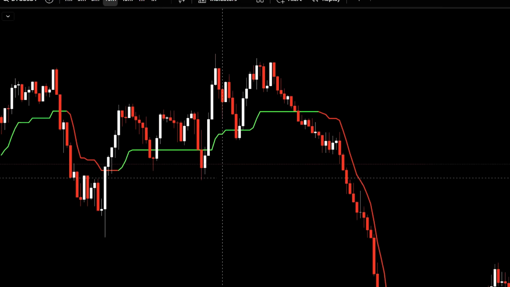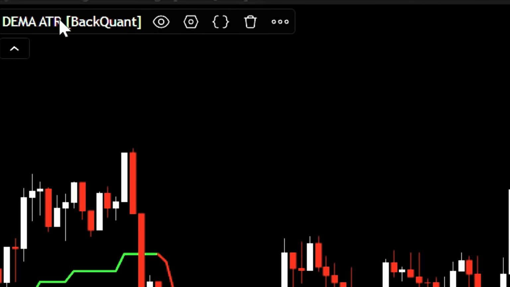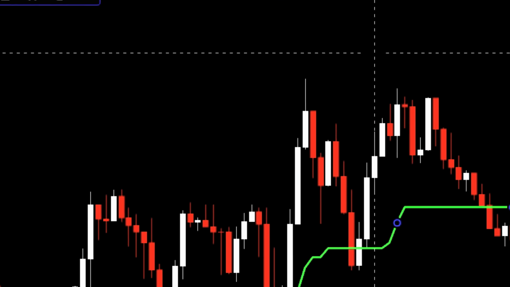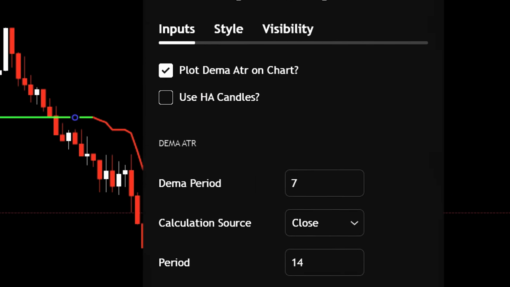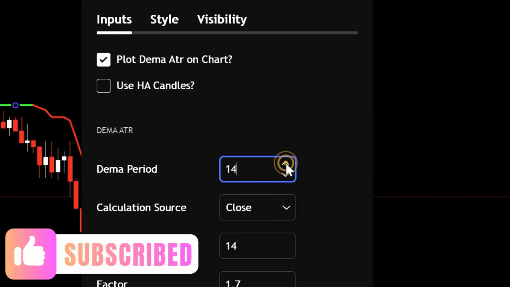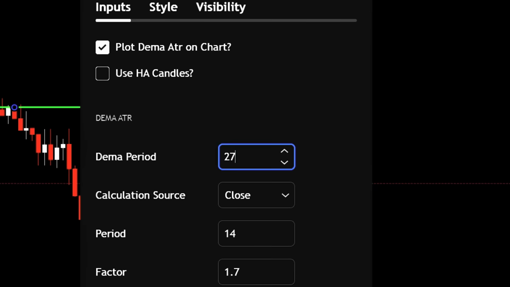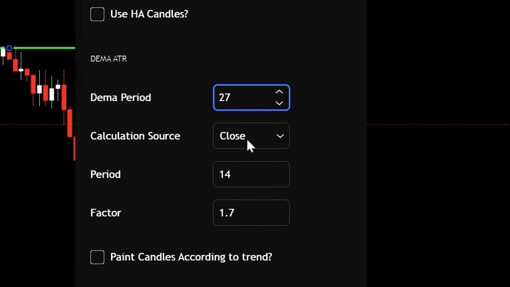Open up the settings for the indicator. You're going to change the DEMA period to 27, and then change the regular period to 27 as well.